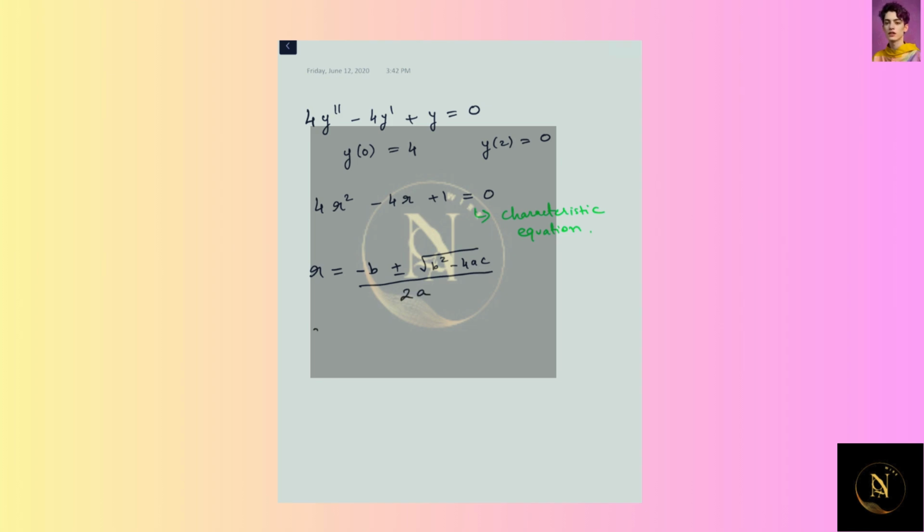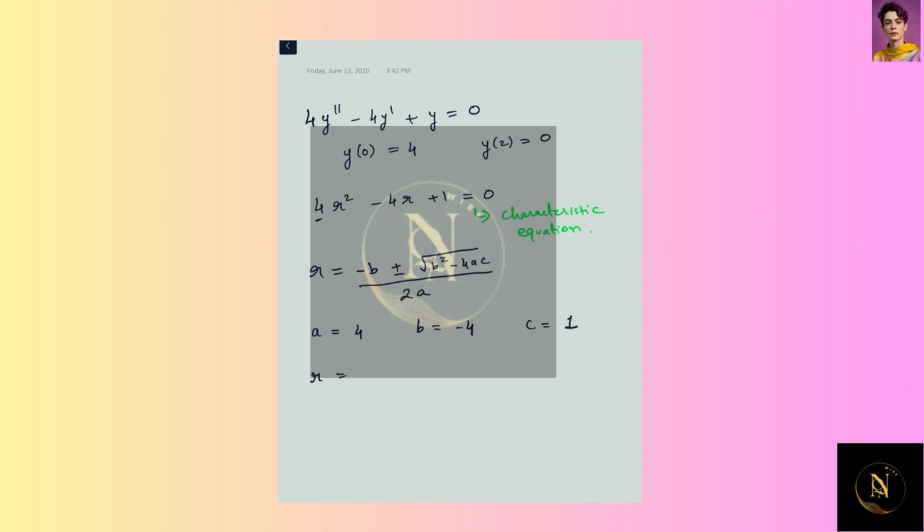Over here we can see that a equals 4, the first term, b equals -4, the second term, and c equals positive 1. So let's plug in these values of a, b and c to find the value of r.